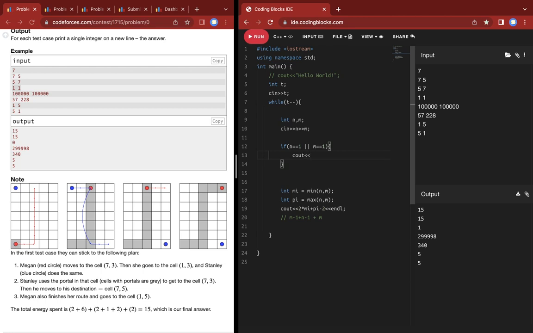So if any one of the columns or the rows is 1, then they both just have to move in a straight line, right? Then we just display. So if n is equal to 1, then we can just display m minus 1, right? Both have to move.